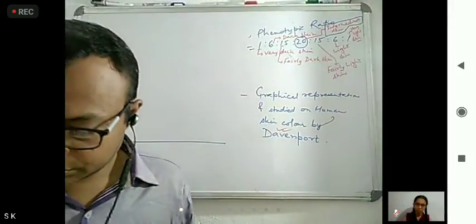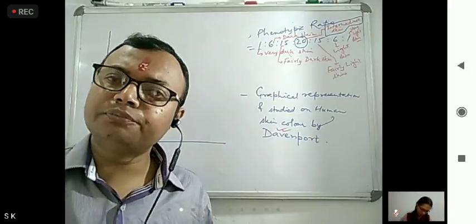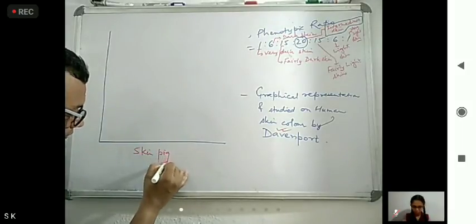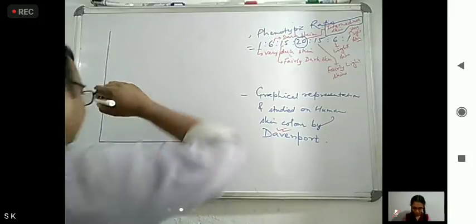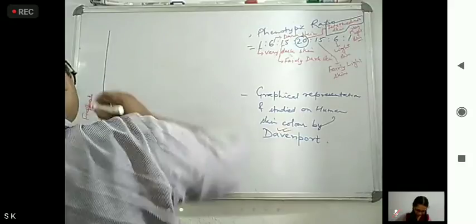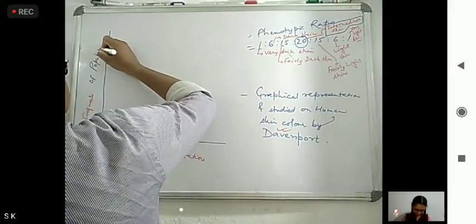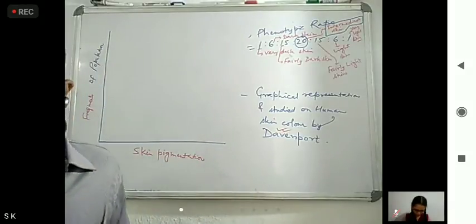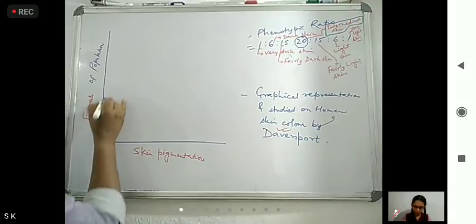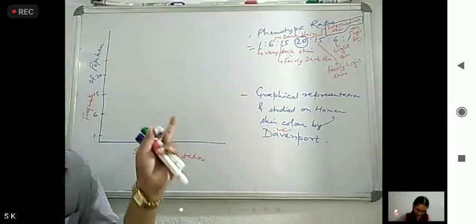Okay, he put skin pigment on one side and the frequency of polygenes, the population all over the world, on the other side. What he saw: this is 1, then 6, then 15, then 20. So this was the maximum he chose.